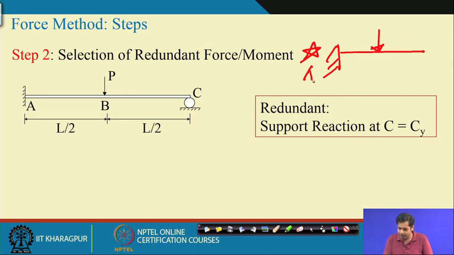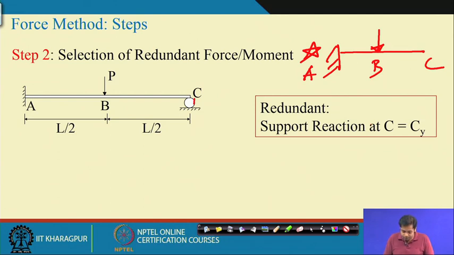This is A, this is C, and this is B. Then the structure is determinate, it is a cantilever beam. Okay. So, this additional prop at point C is extra. So, the reaction at point C is an additional reaction. Therefore, we can take the reaction at C, which is Cy, as the redundant force. So, this is one case.